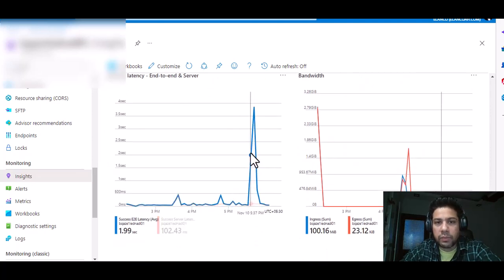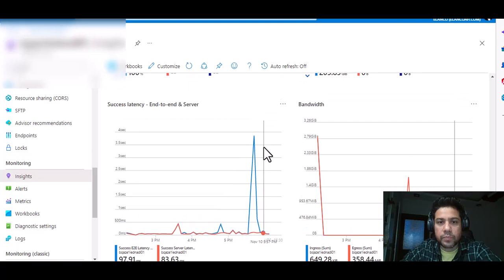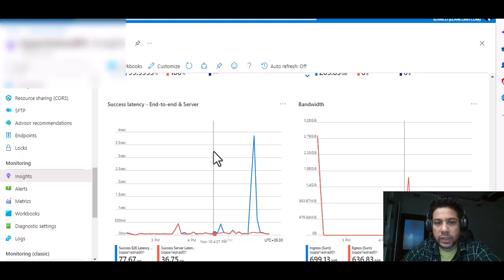When I spoke to the Microsoft executive, she told me that it could be because of high latency, and that I should check that the latency does not reach 4 or 5 seconds. If it is in milliseconds, or even less than 1 or 2 seconds, it is good.